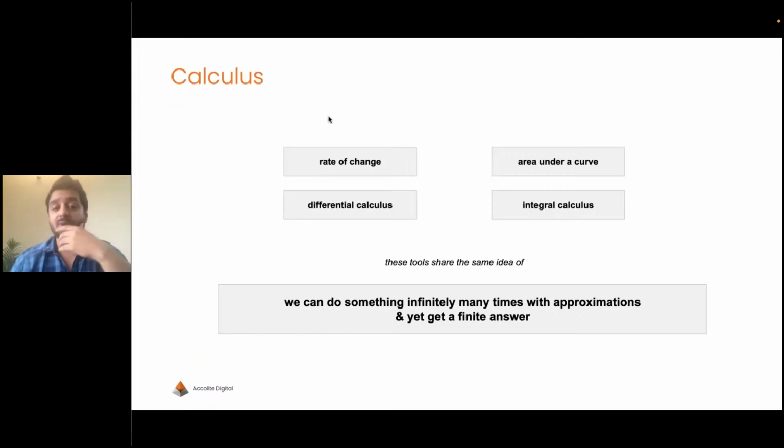With respect to neural networks, we're interested in rate of change, that delta m, how we want to change it so that we get the right answer. And calculus lets us do something infinitely many times with approximation and yet get a finite answer. You'll get what this means once you go through those two slides, but let's move on.